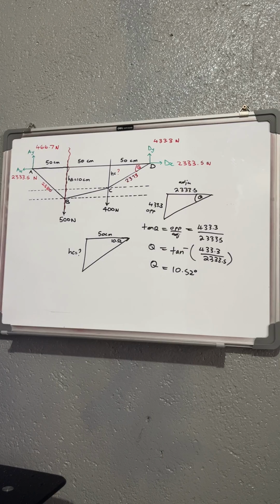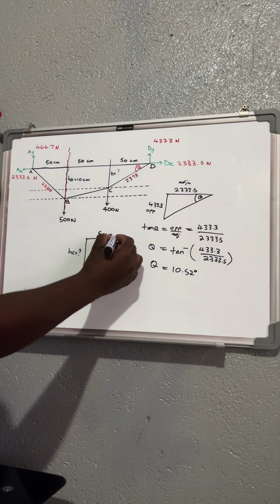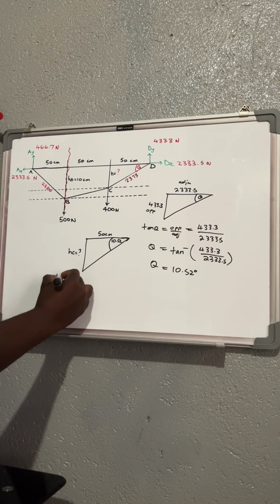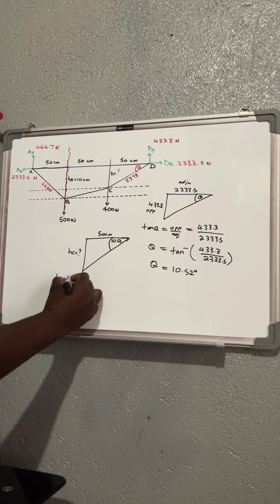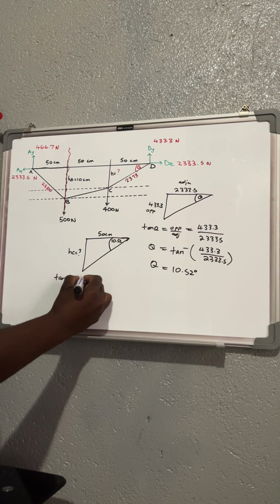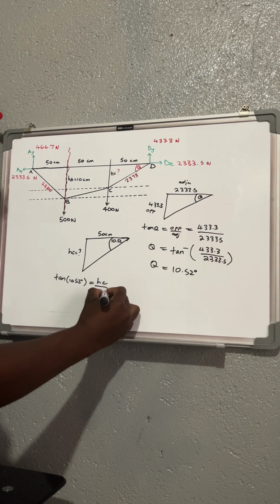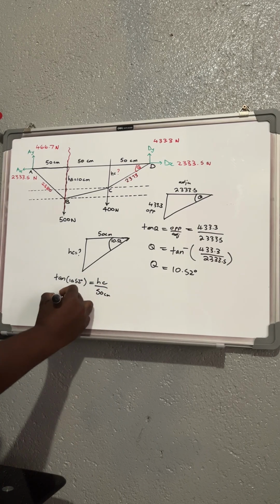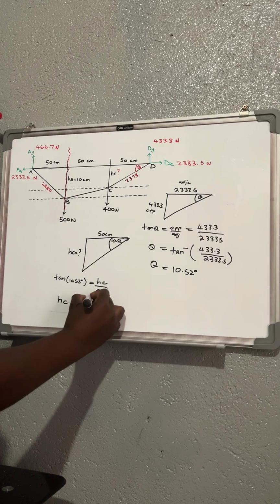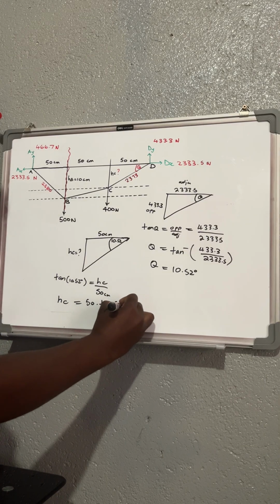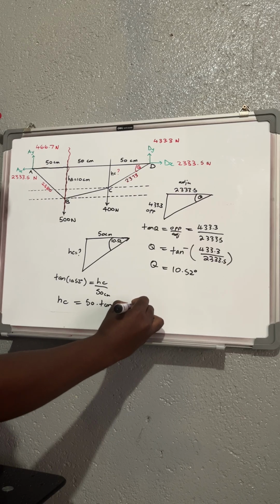Then how am I going to find my HC? Remember, as I said, this angle is opposite to this one. You're going to say tan of 10.52 degrees is equal to HC over 50 centimeter. So your HC would be equal to 50 multiplied by tan of 10.52 degrees.